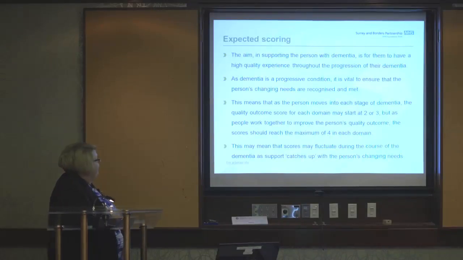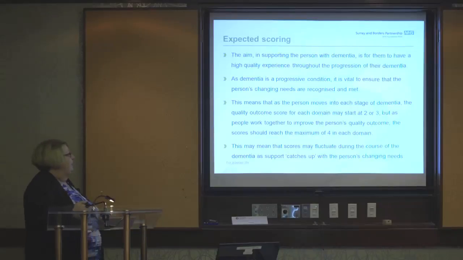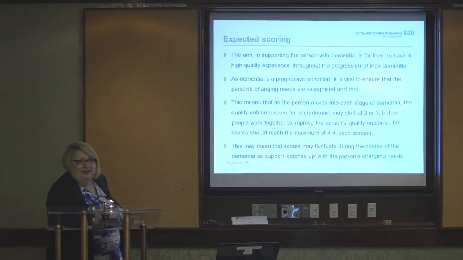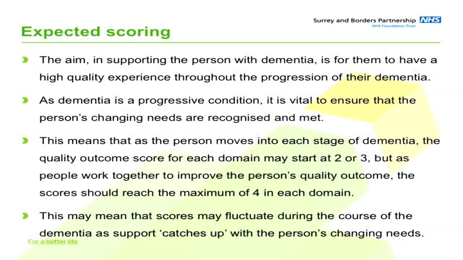So what are we aiming for? We're aiming that people score 4 in the stage of dementia they're at for each of those domains. We know that dementia is a progressive condition, and we know that what often happens is that the care lags behind the stages in the person's progression of the disease, that the care is always playing catch up. And this is a way of hopefully trying to stop that catch up.